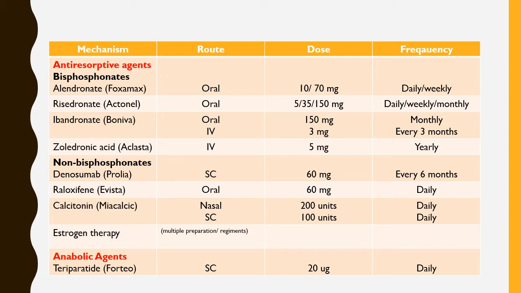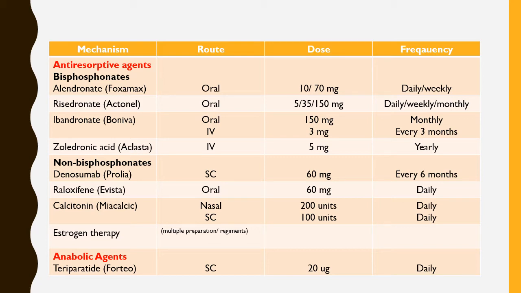So alendronate, Fosamax, oral, 10 and 70 milligram daily and weekly. Daily for 10 milligram tablet, 70 milligram weekly. Risedronate or Actonel oral, we have three concentrations: 5, 35, and 150 milligram daily, weekly, and monthly. Ibandronate or Boniva oral, 150 milligram, monthly, like the monthly use of risedronate.